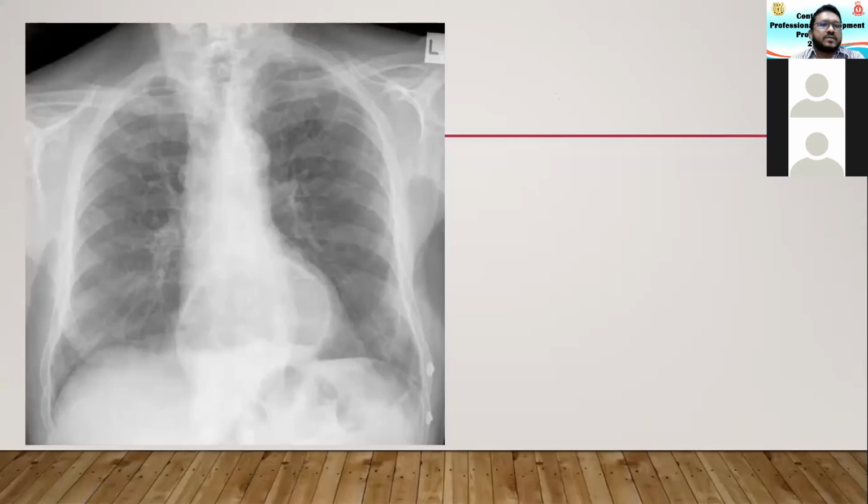If you miss a small anomaly, there are the radiologists and specialized people who look after the x-rays who will be there to identify the subtle changes. But you have to go in a systematic manner to identify the major anomalies that you will come across in day-to-day practice. And thank you very much. If you have any questions, I'm happy to answer.